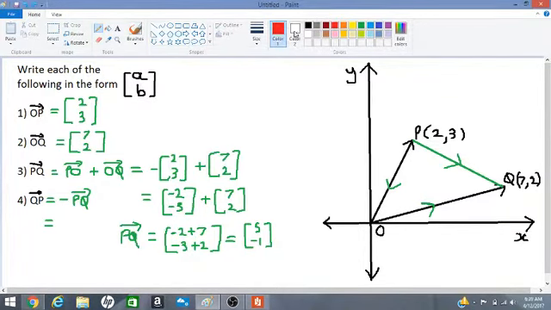So let's write negative of (5, negative 1). A negative times a positive is a negative, so we get minus 5. And a negative times a negative is a positive, so we have positive 1 underneath. Okay, so this is our answer for the vector QP.